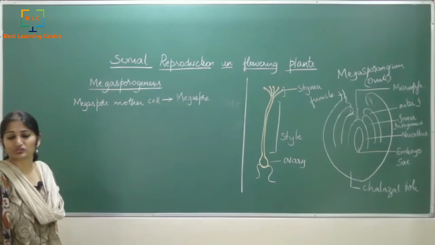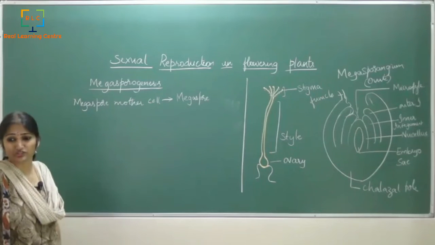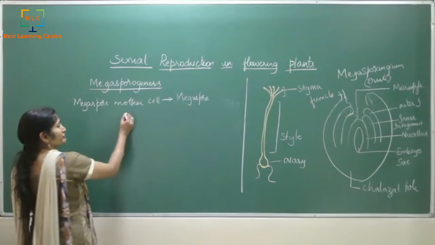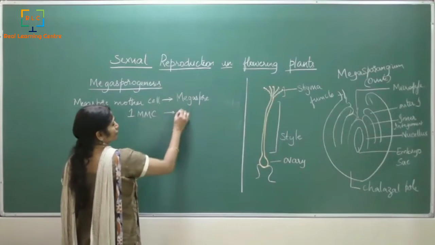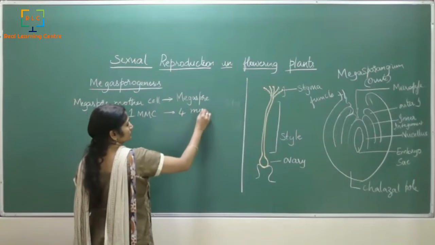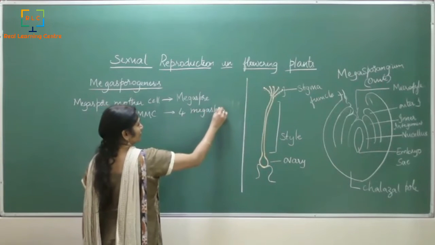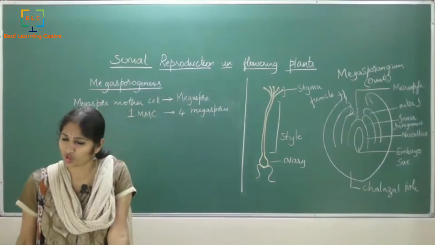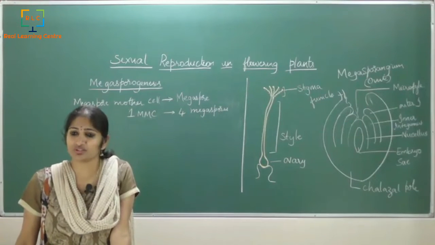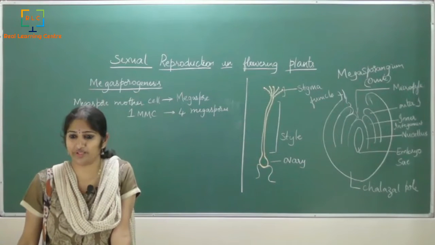So how many megaspores are actually formed? If there is one MMC, you get four megaspores. This is how it generally looks.